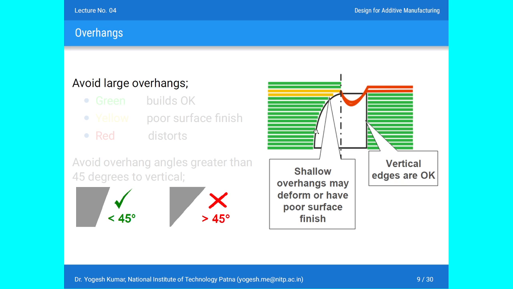Initially this angle is less than 45, but as you move ahead, you will see that your overhang angle is increasing. For an overhang angle up to 45 degrees it is fine, you can print the layers.